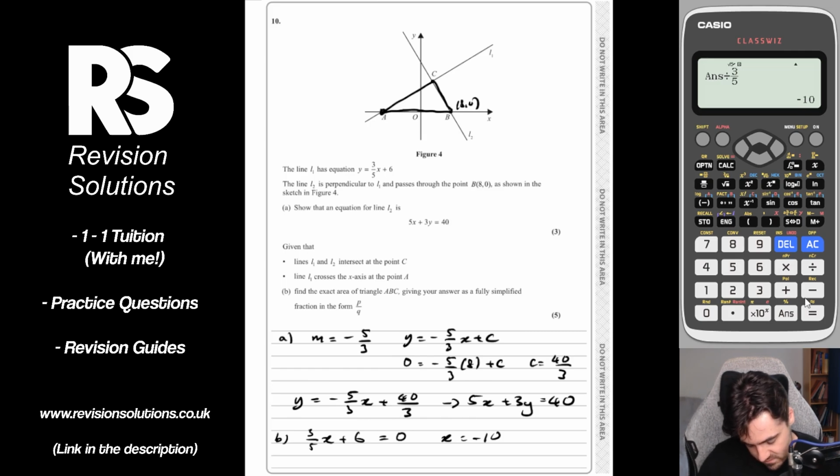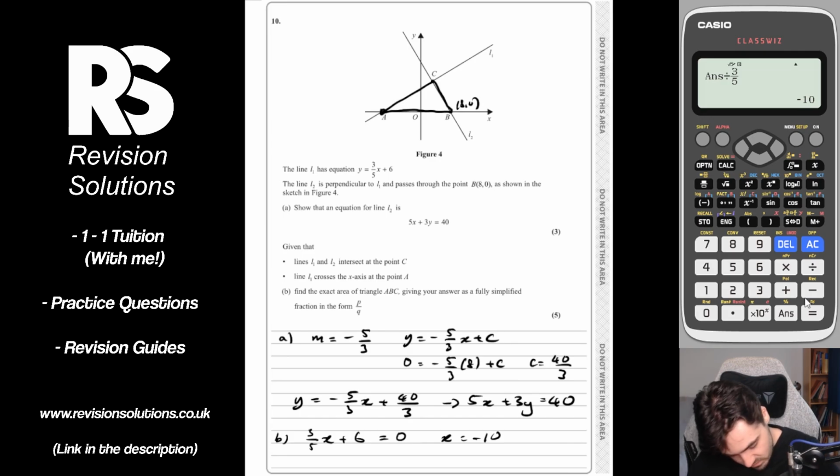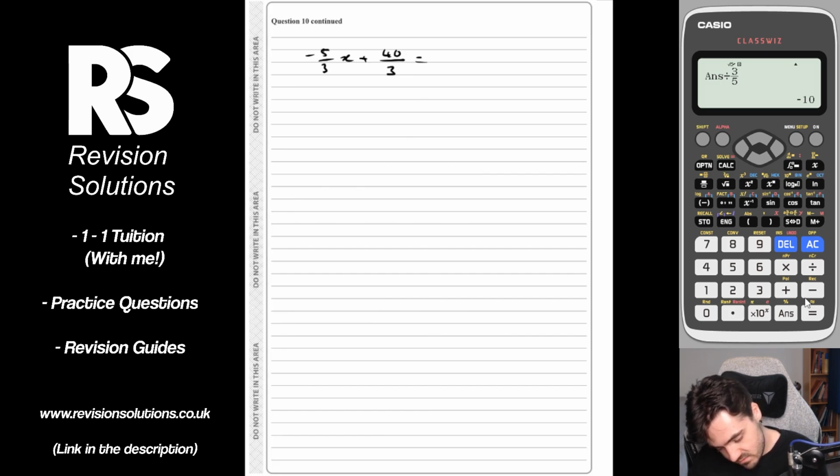And then to find point C, we're going to need to solve our equations simultaneously. So my equation was minus 5/3 x plus 40 over 3. And we're going to set that equal to, or substituting out the y's, in other words, the other equation, 3/5 of x plus 6.